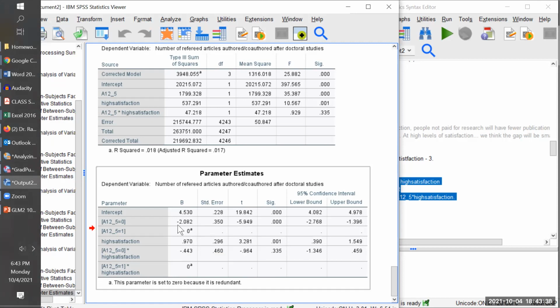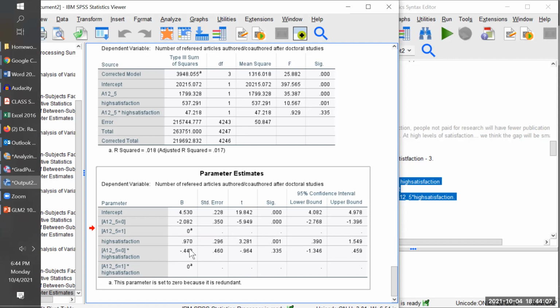Remember before it was -0.7 something? And it was not significantly different from 0. But look at here. Now the 2 publications, that is significantly different from 0. We've moved around where we're interpreting this difference. So we're able to say there is a difference here. It's just at this high end.